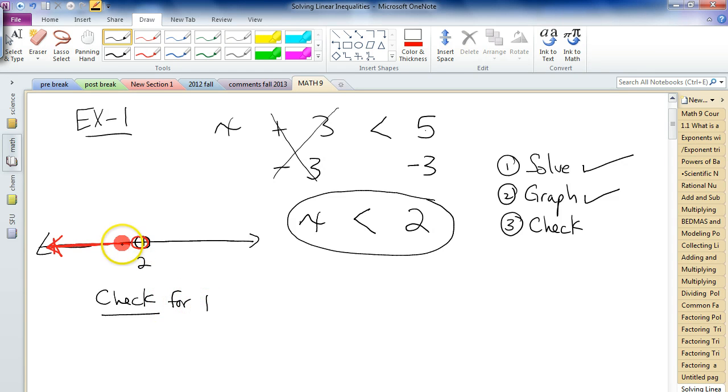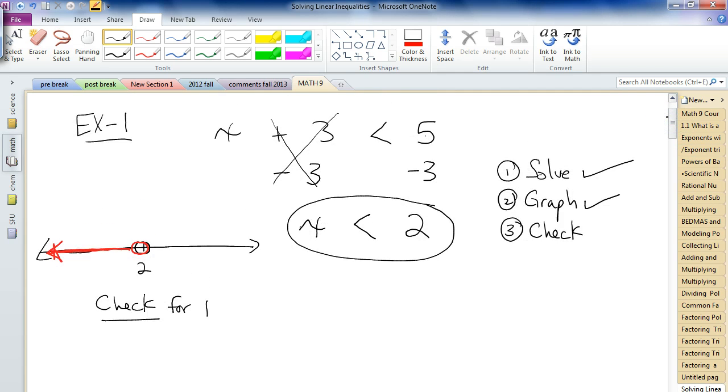Because 1 is less than 2. You could pick 0, you could pick negative 95, negative whatever you want. So for the checking part, you're allowed to pick any number that is on the graph. In this case, it's less than 2, so you pick any number less than 2. Don't pick 10. That's greater than 2, and we're talking about being less than 2. You can't pick totally any number, but you can pick any number that we think satisfies this inequality.